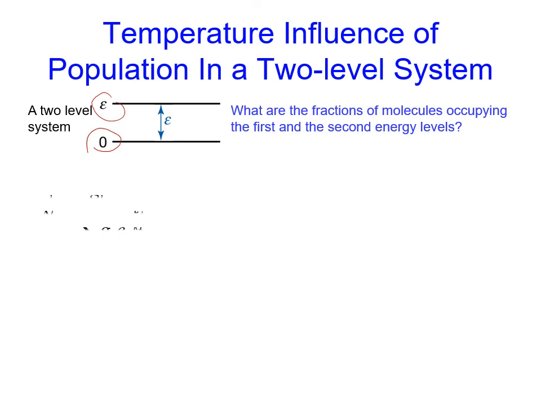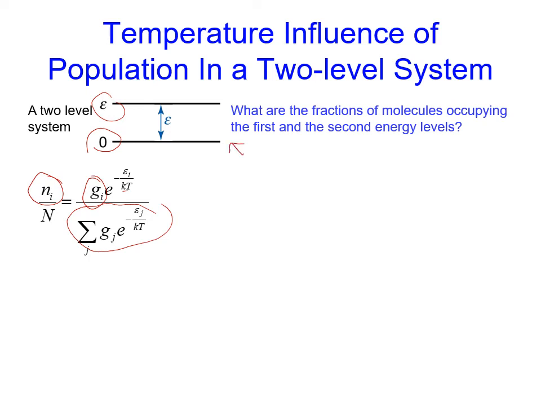According to the Boltzmann distribution, the number of molecules occupying a certain energy level i should equal the degeneracy of this energy level times e to the negative energy of this energy level divided by kT, and then divided by the partition function, the summation over all energy levels. In this case, g is 1 because according to this diagram, the degeneracy is 1 state for both.